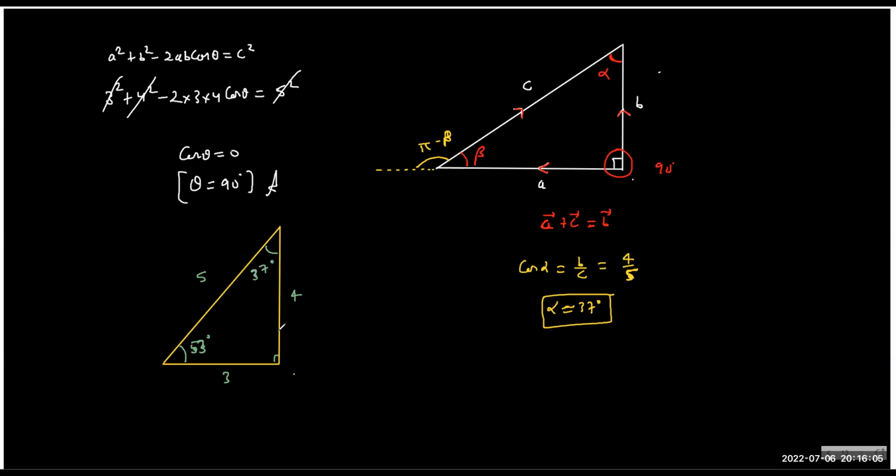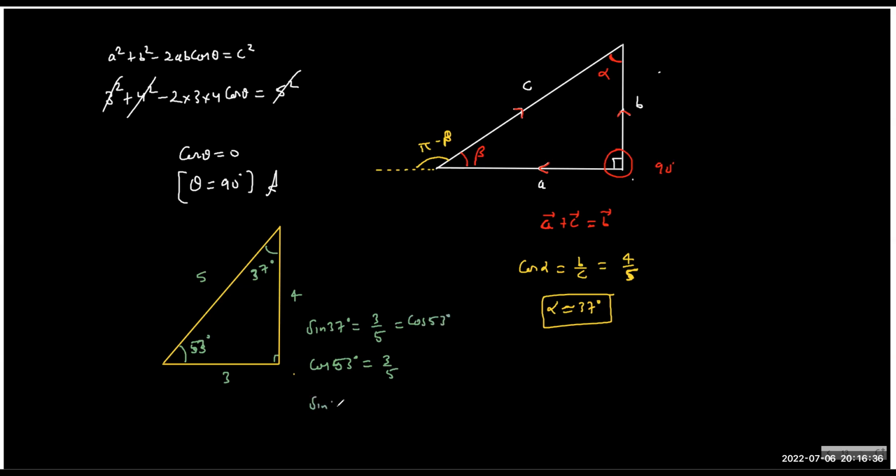Okay. So now you can see what is sine 37. Three by 5. And what is cos 53? 3 by 5. Exactly, because they are complementary angles, right? So sine of complementary is cos value. So this is always cos of 53.